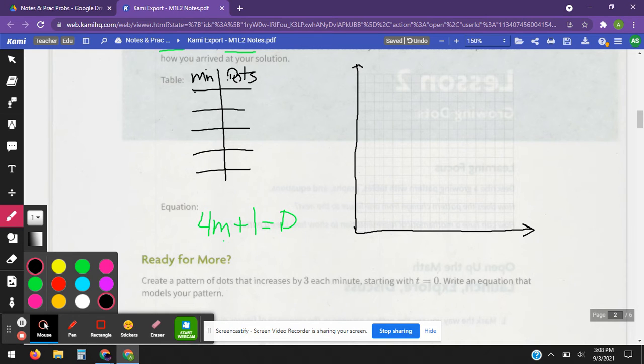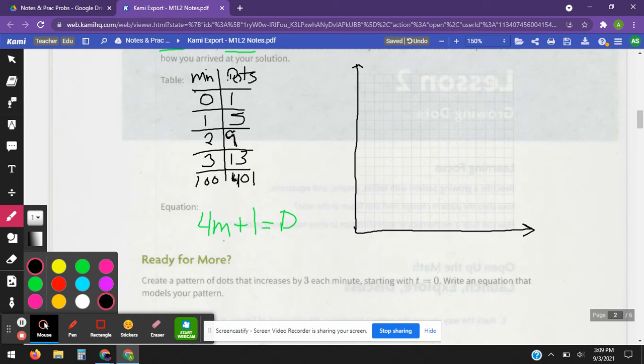So first minute. 0, I had 1. 1, I had 5. 2, I had 9. 3, I had 13. And 100, I had 401. So that's kind of big jumps in there, isn't it?